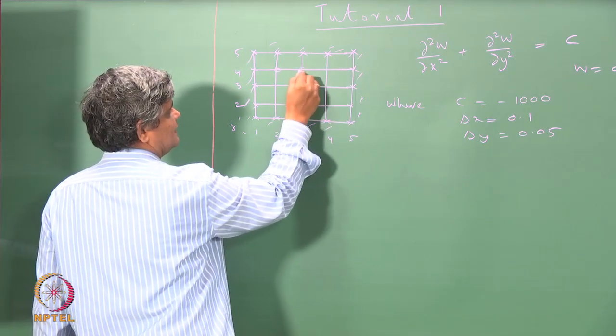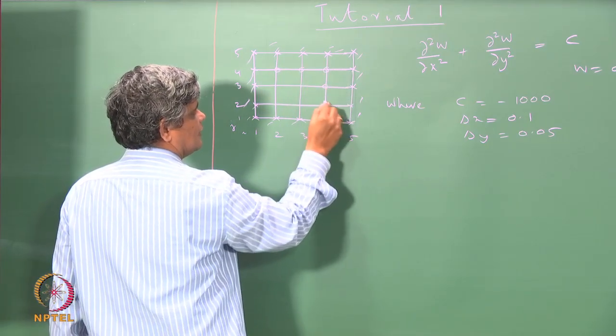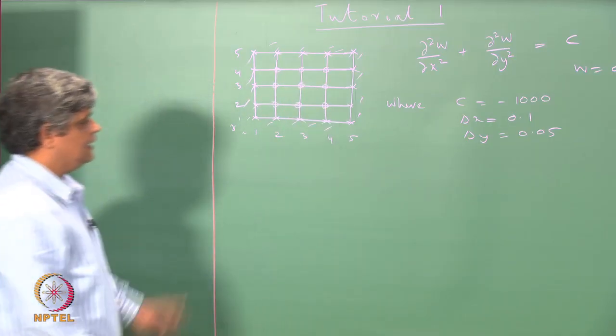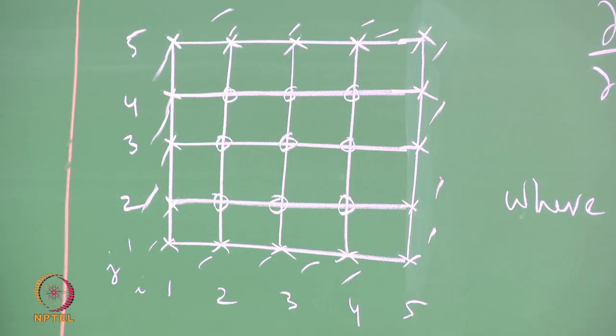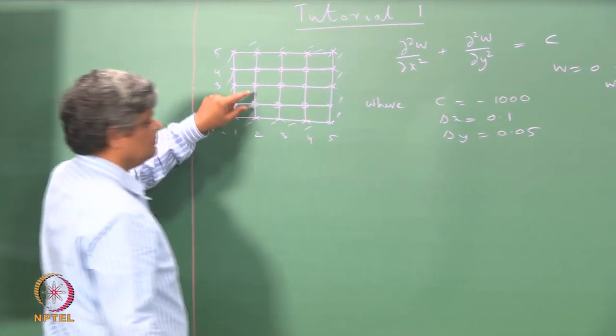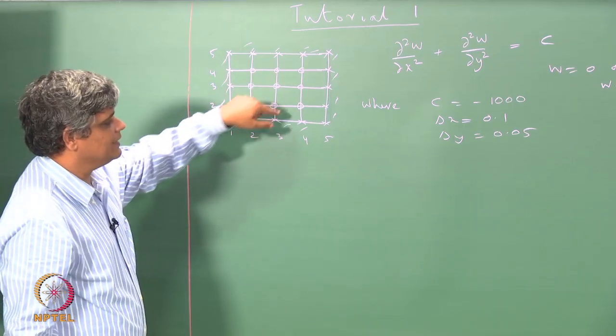And it is at these interior points marked by circles that we would like to get the velocity which will satisfy this equation. So we need to get velocity at 9 interior points.